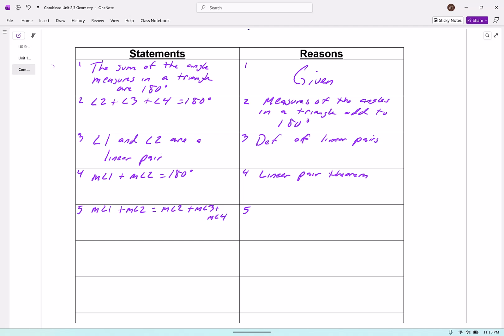And what I notice about that is that I have a like term on both sides of that equation.